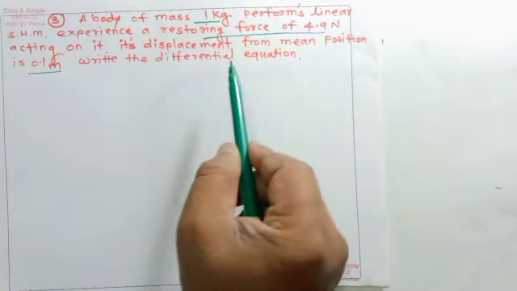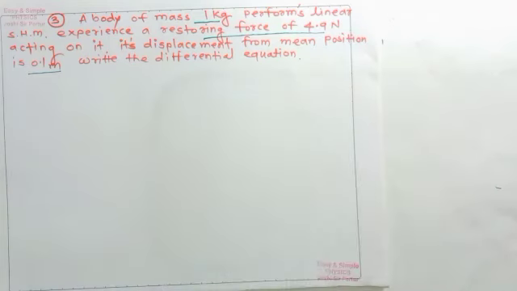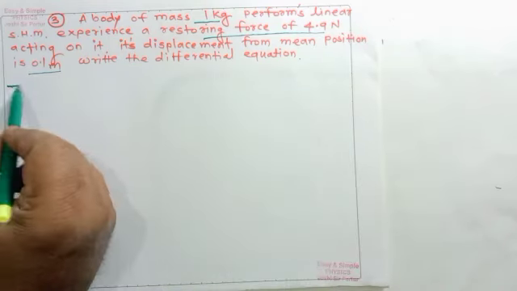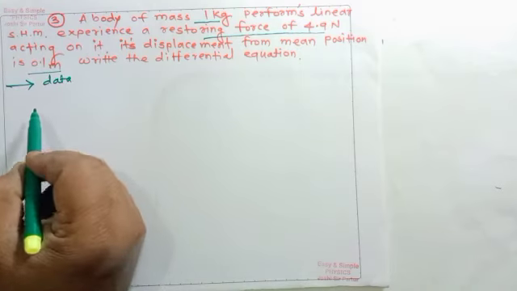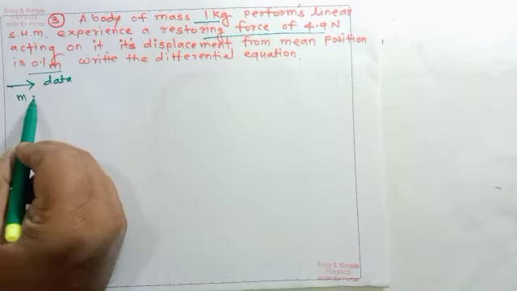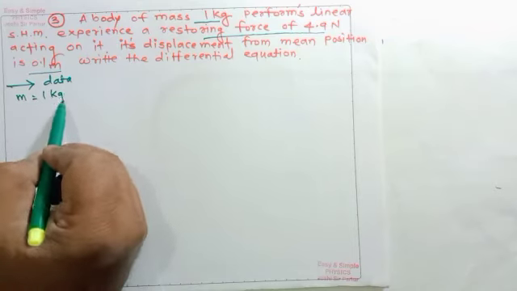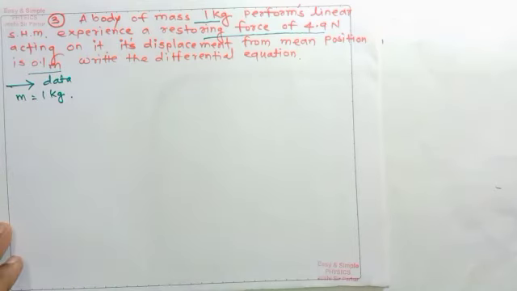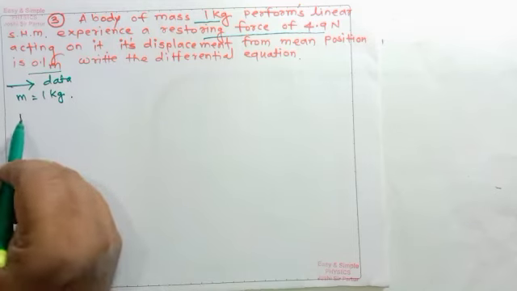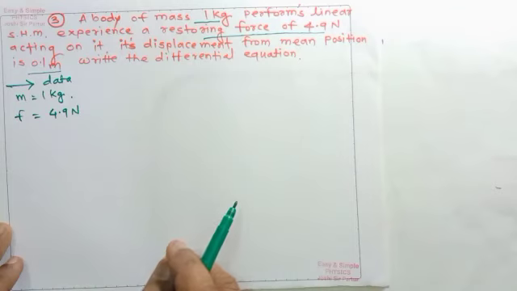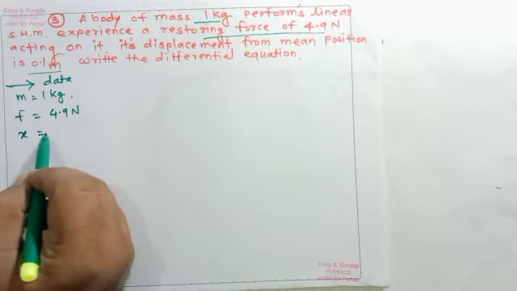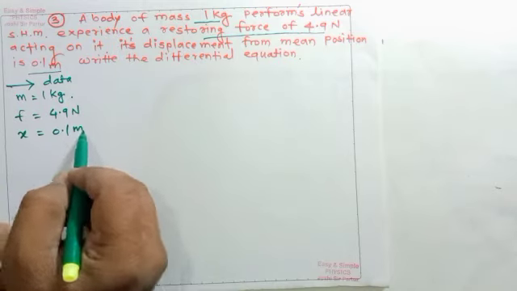Write the differential equation. See here, data is given. In this example, data is: mass is given as 1 kg, force is given as 4.9 Newton, and displacement from mean position x is given as 0.1 meter.